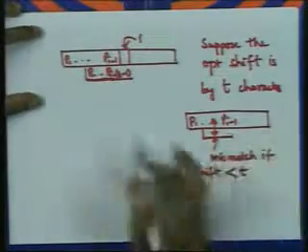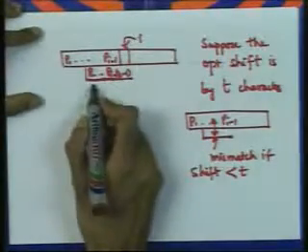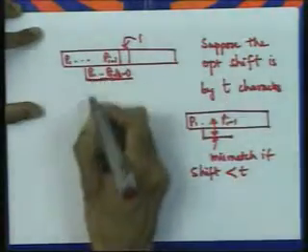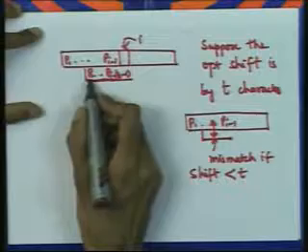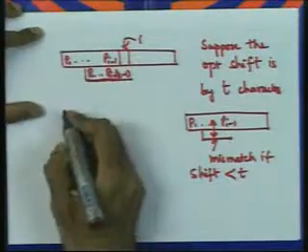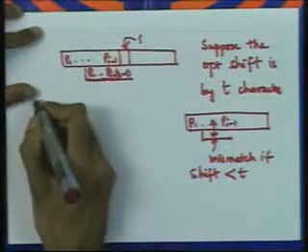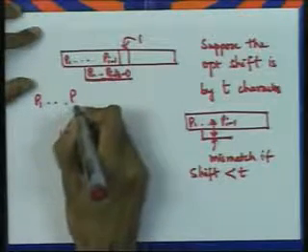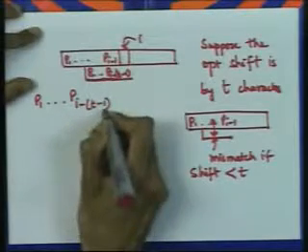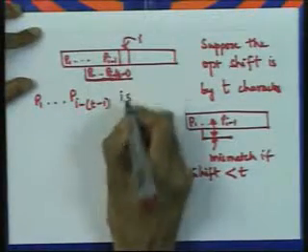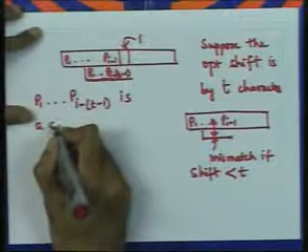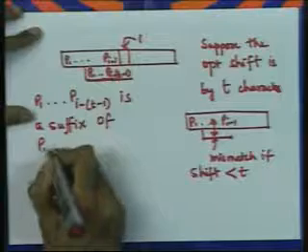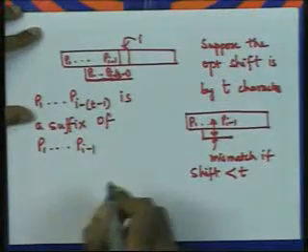I might as well shift it all the way up to t, and if the optimum shift is t, this means that I have a match all the way up to here. Which means P1 and so on up to Pi minus t minus 1 is a suffix of P1 to Pi minus 1.